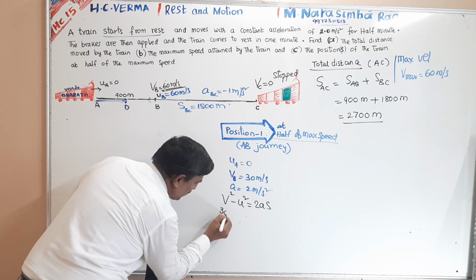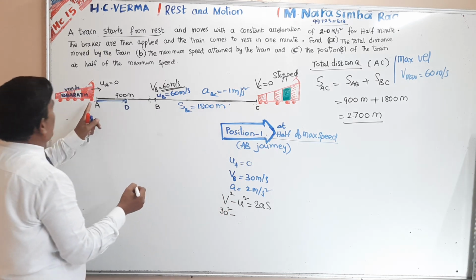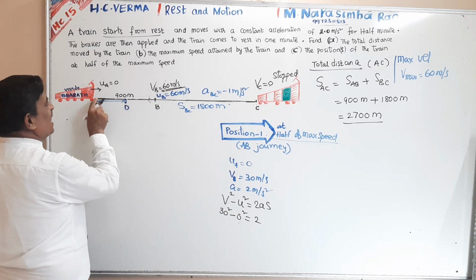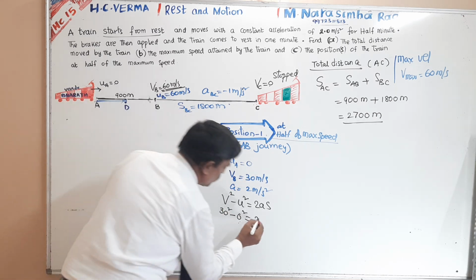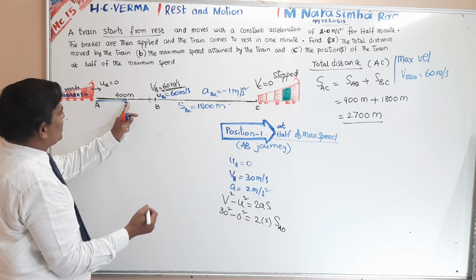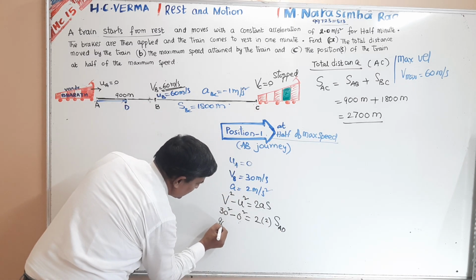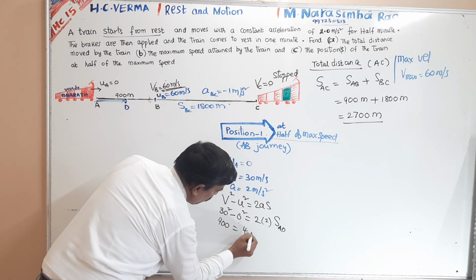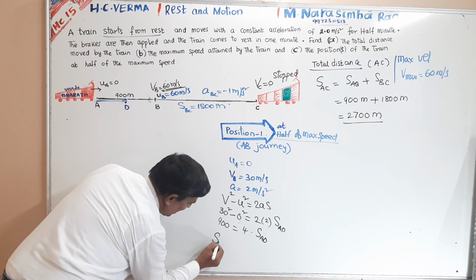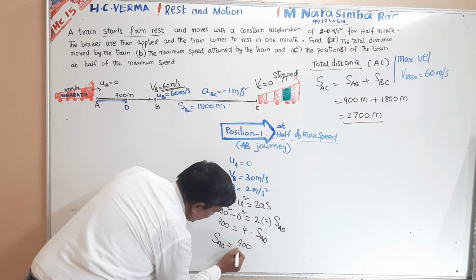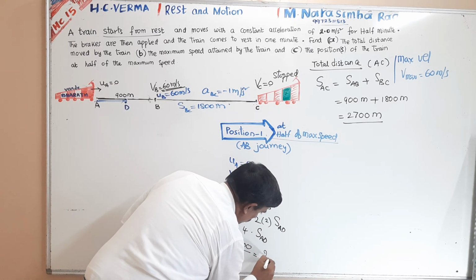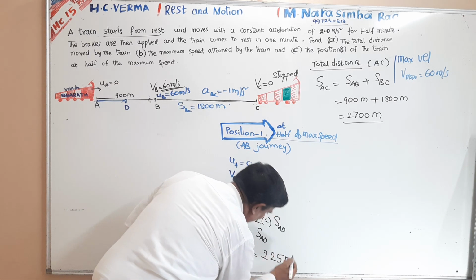So 30 square, initial velocity 0, 2 into acceleration, acceleration in AB is 2, distance traveled AD unknown. 30 square means 900, equals 2 into 2, 4 into AD. AD is equal to 900 by 4, 225 meter.